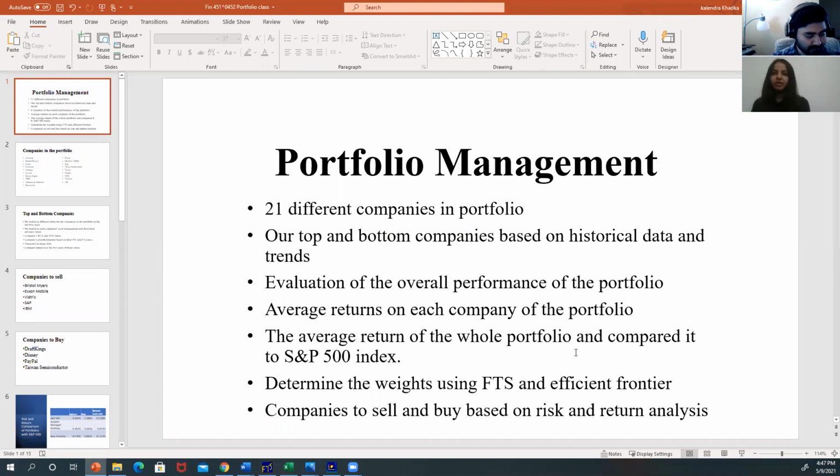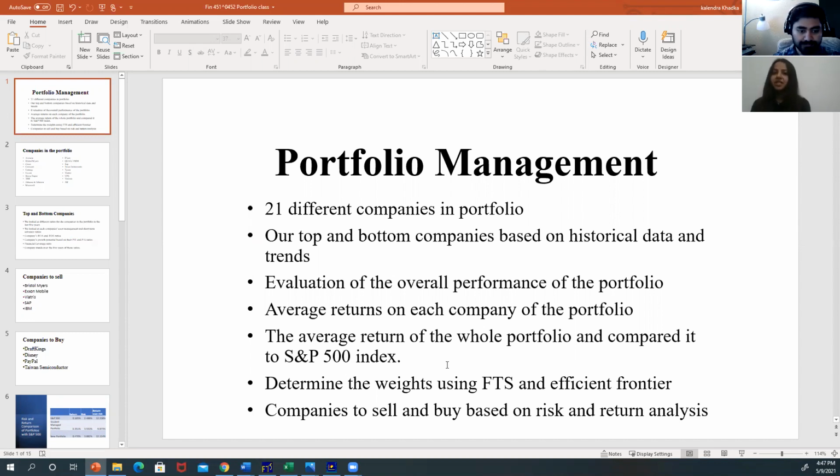In this project, what we basically did was we evaluated the overall performance of the portfolio. We looked at average returns on each company of the portfolio, and then we calculated the average return and risk of the whole portfolio as a whole, and then compared it to the risk and return of the S&P 500 index.